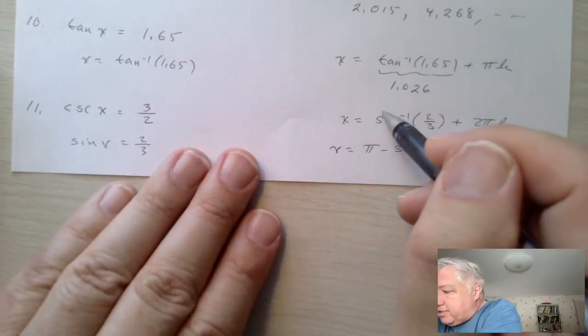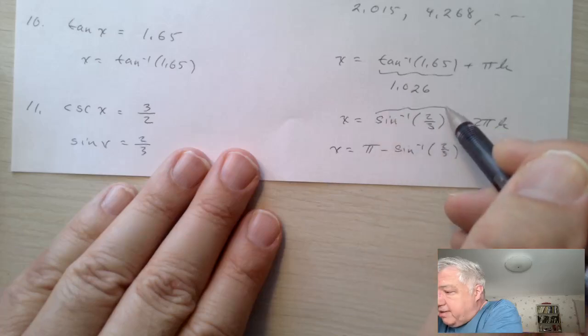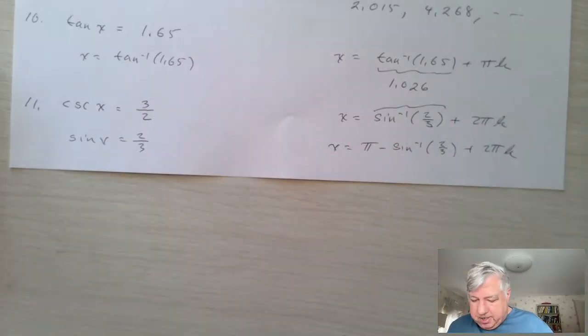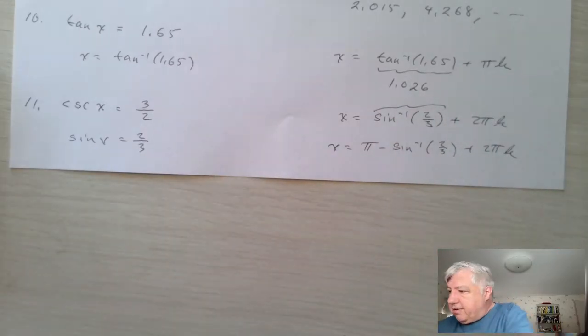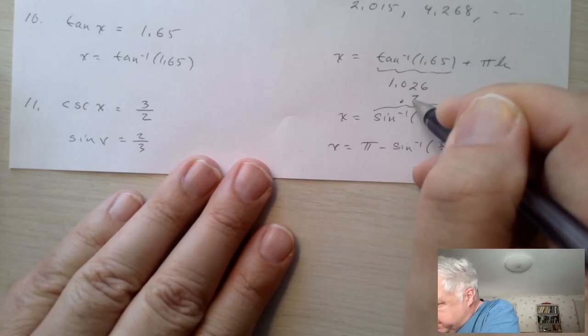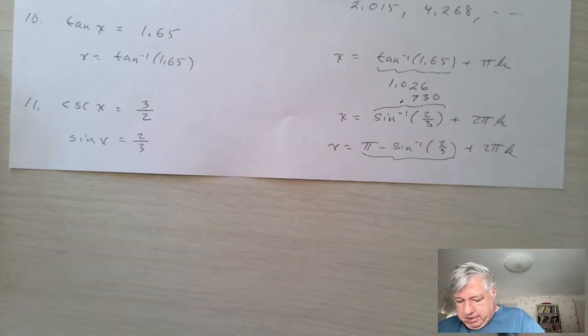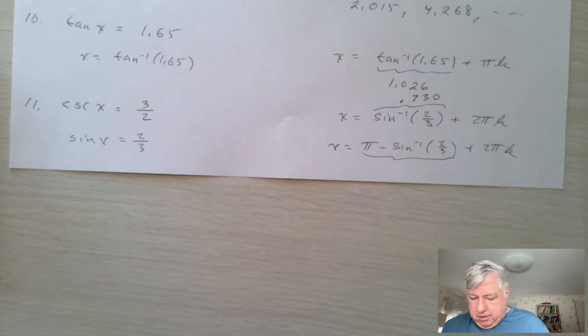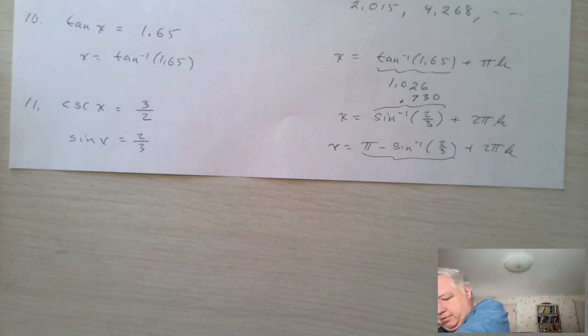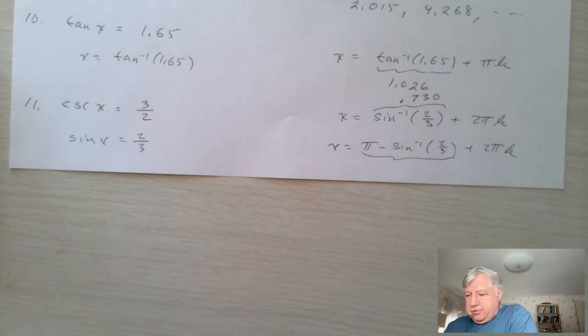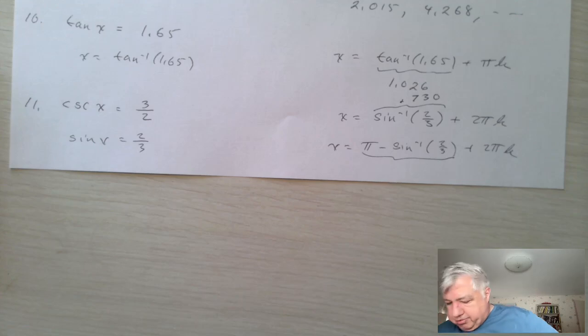Where again, on the calculator, this inverse sine of 2/3 is 0.730, and this number turns out to be, what does it turn out to be? I have one number, I'm not sure which one it corresponds to. You can just calculate it right now.